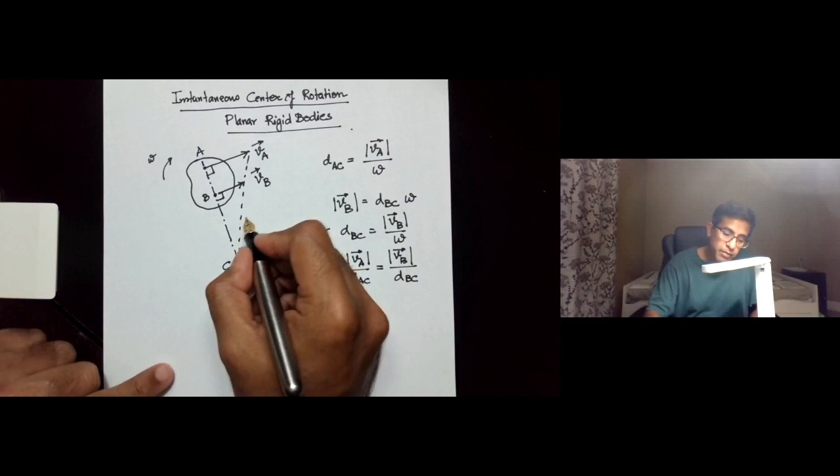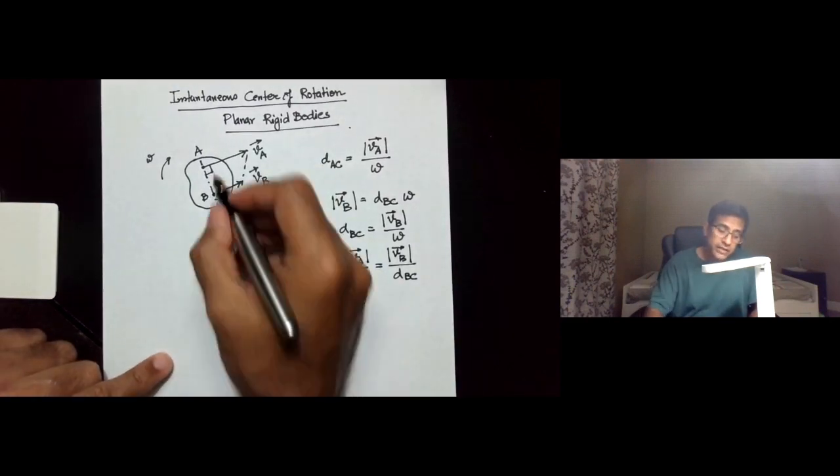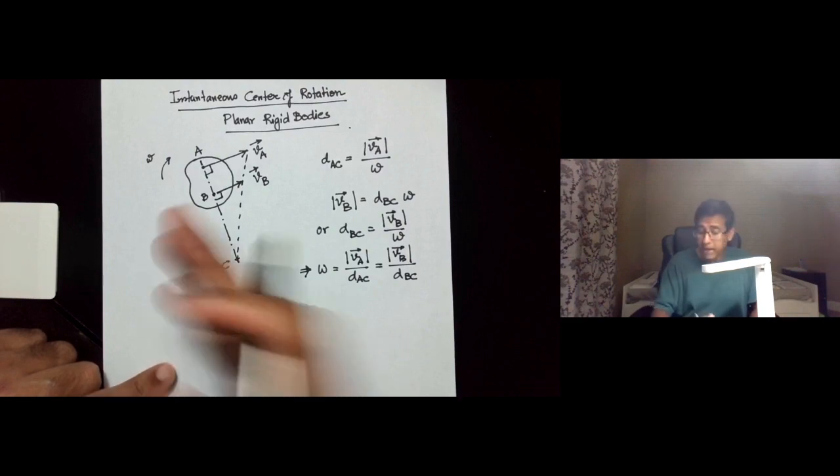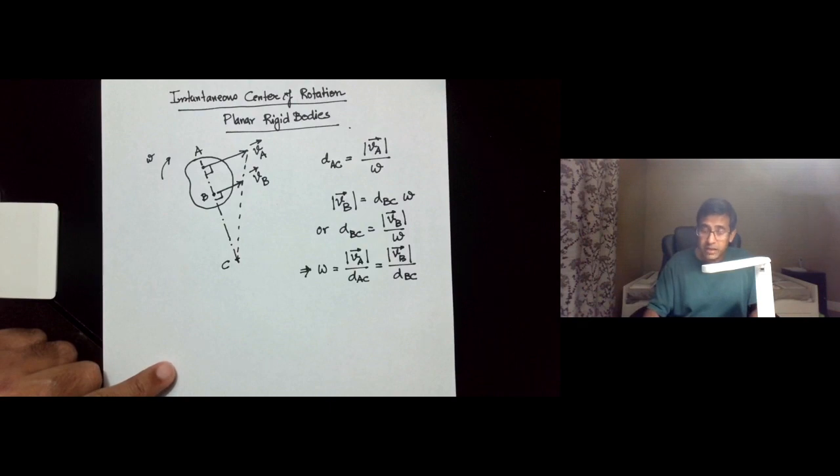So here we have a method then to find C if you have the points A and B whose velocities are parallel but different. Okay, parallel and different means therefore that the rigid body does have a rotation.